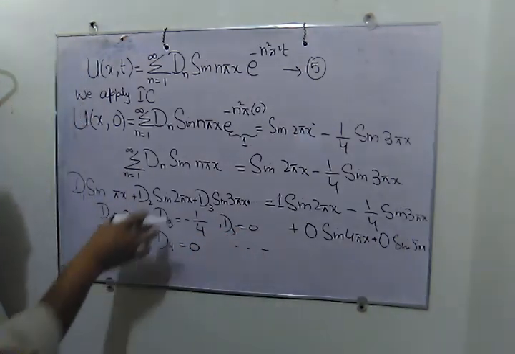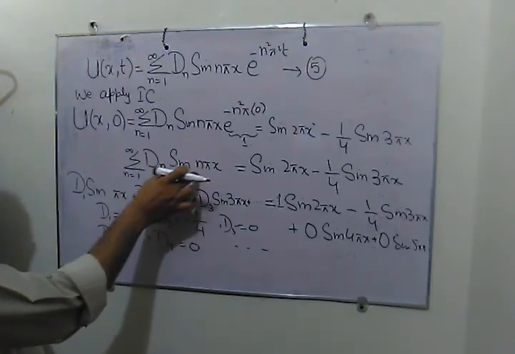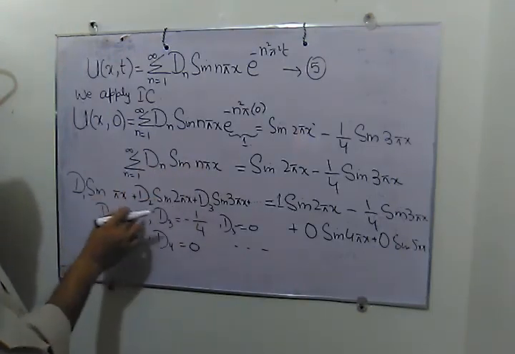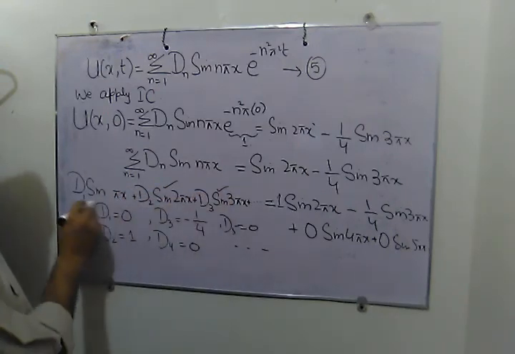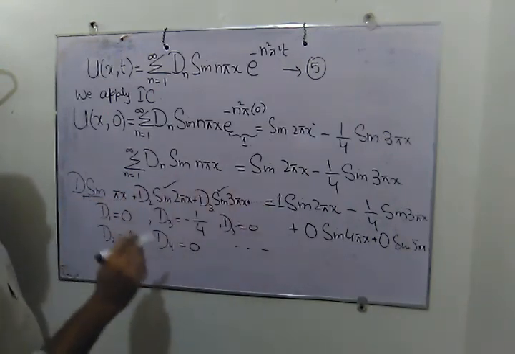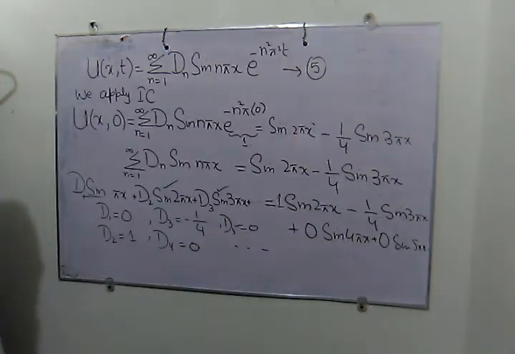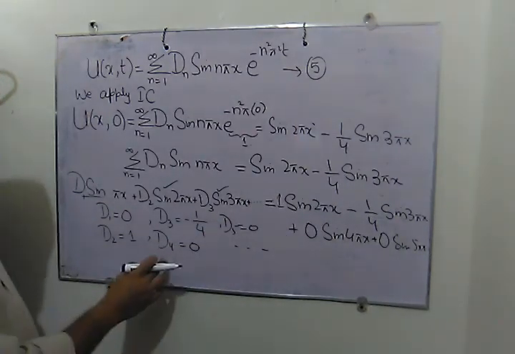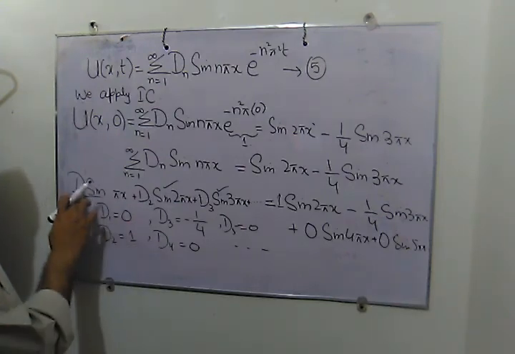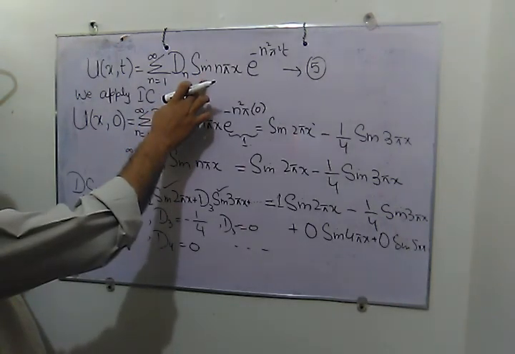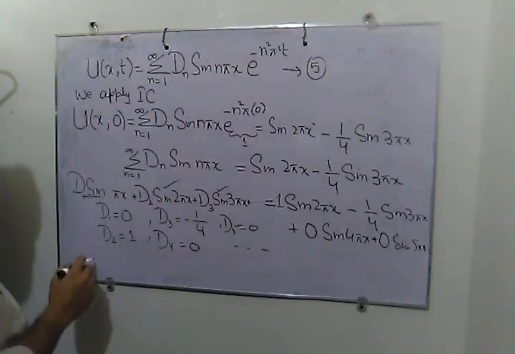We conclude that d4 is equal to 0 and d5 is equal to 0, and all other coefficients are 0. So in this expression we are remaining with only the sine 2 pi term and the sine 3 pi term. All other terms have become 0 because we compared them here. So what we have is the value of d2 and d3, with all other terms 0, and we can apply this to equation number 5.